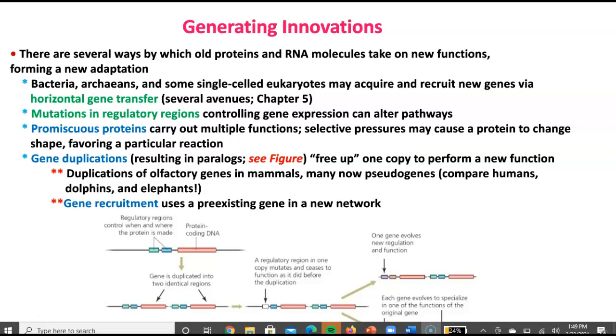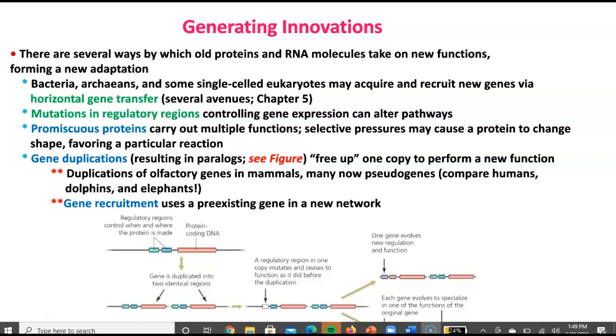If you're a ciliate, like paramecium, they pass on little pieces of micronuclei from one cell to another. So there's horizontal gene transfer. So that's one way you can get some new genes and then recruit them for new functions.